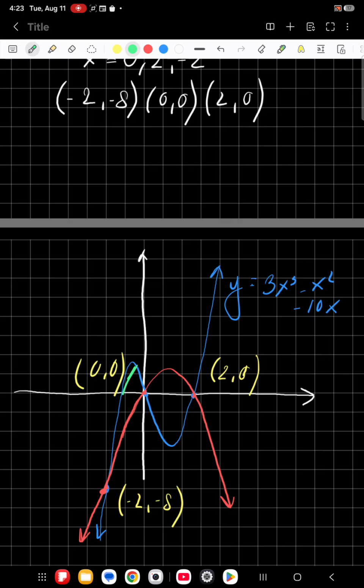It's this one here, and then obviously it's this. So let's write that integral.